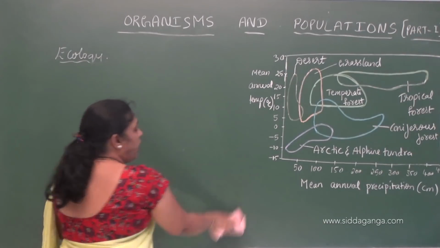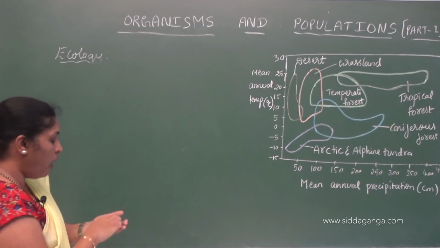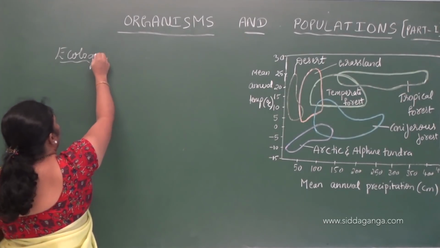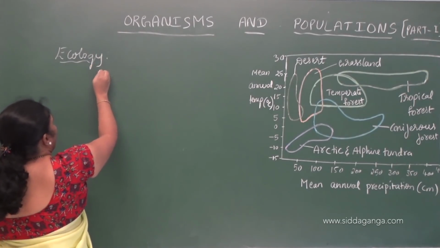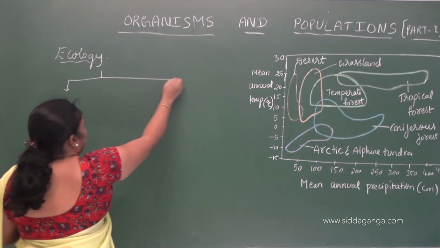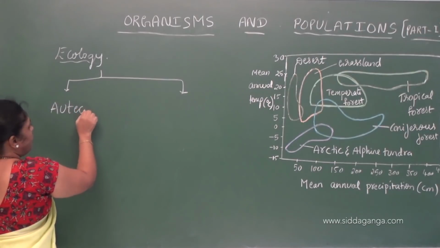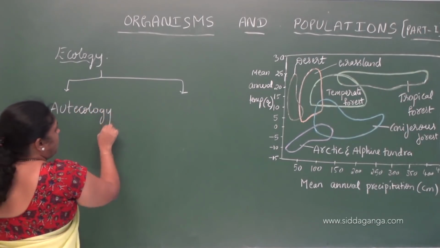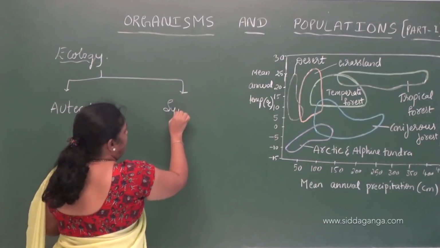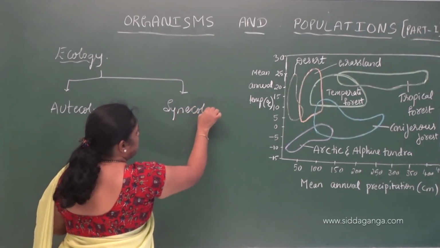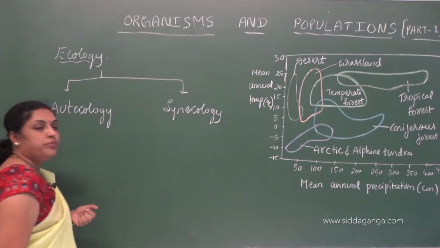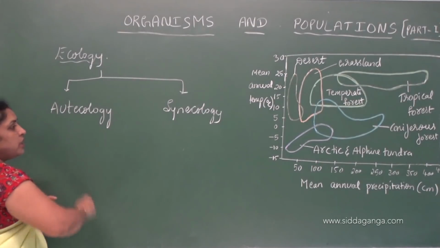Ecology is again divided into two types at the organismic level, that is autecology and synecology. So what is the difference between these two?